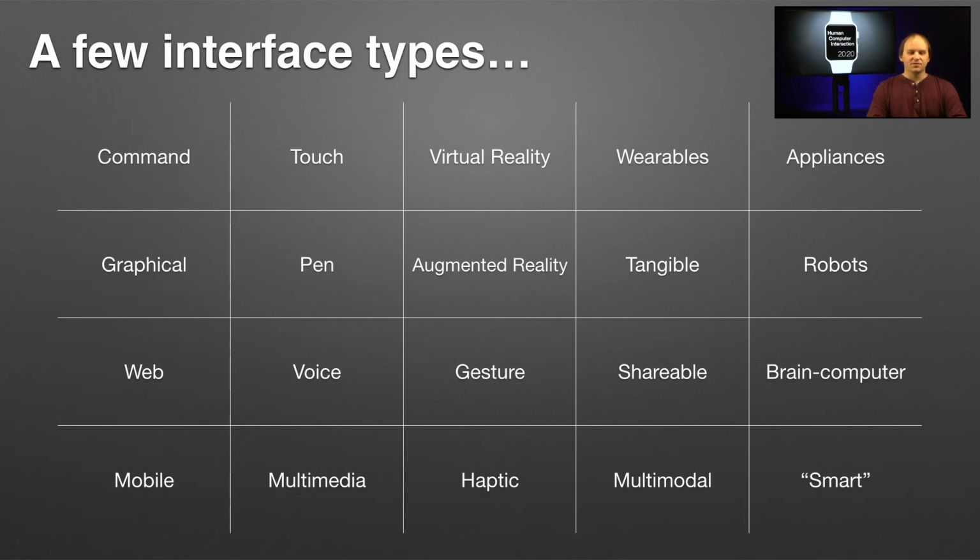But we'll touch a little bit on all of these different categories. I'll start roughly chronologically, but quickly we'll get to a point where everything exists at the same time. So if you have questions or comments as we go, just let me know.